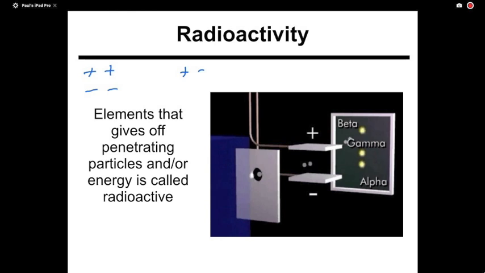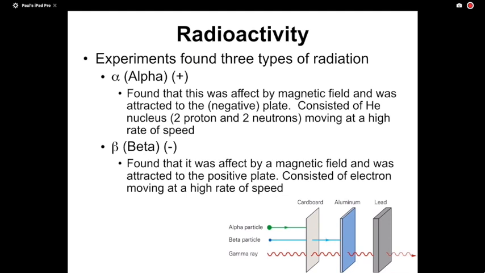So the beta particle is tiny, negatively charged. The alpha particle actually has a lot of weight and it's positively charged. And the gamma particle was neutral. Okay? A little bit more experimenting, the alpha particle was found to consist of this: a piece of the nucleus that had 2 protons and 2 neutrons.